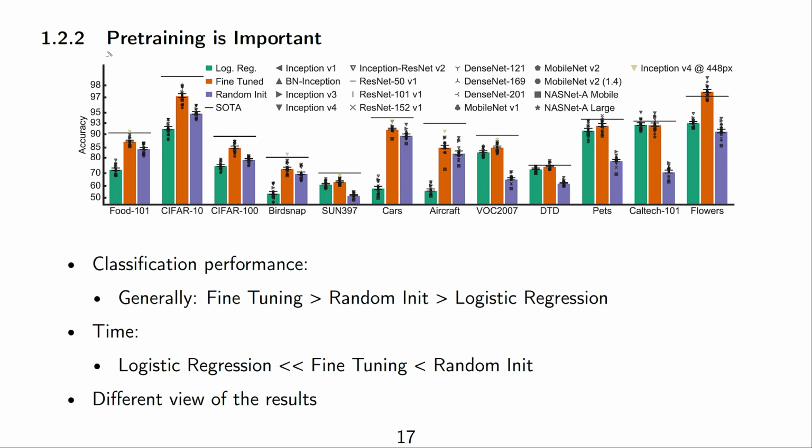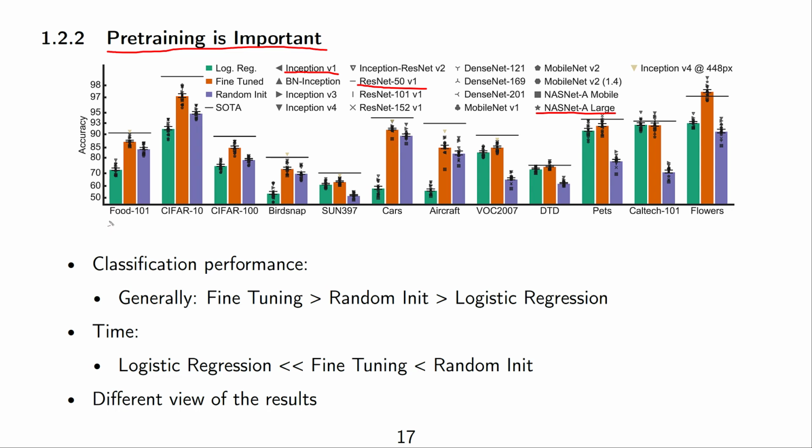All right, first, pre-training is important. Let's try to look at this figure that shows a very large number of experiments at once. What we have is multiple architectures, for example, Inception V1 or ResNet 50 V1 or NASNet A large, that are being trained in each experiment.